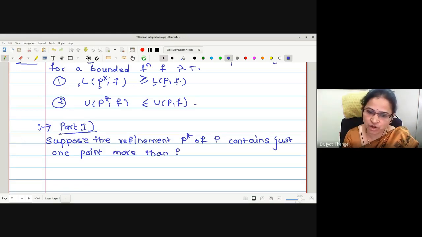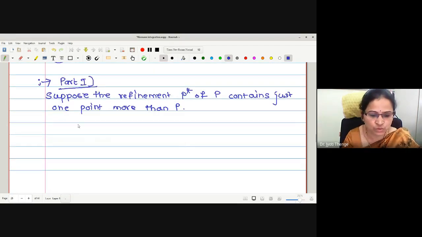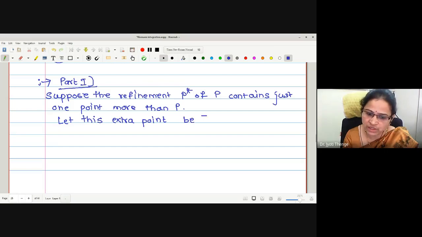Just for the sake of simplicity of the calculations. Only 1 point we are considering extra. Let this extra point be zeta, and suppose it lies in the ith subinterval.